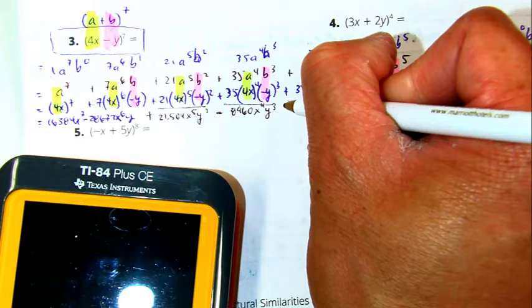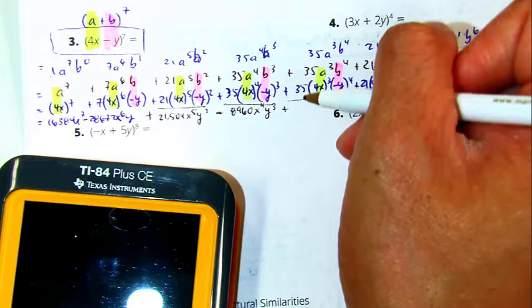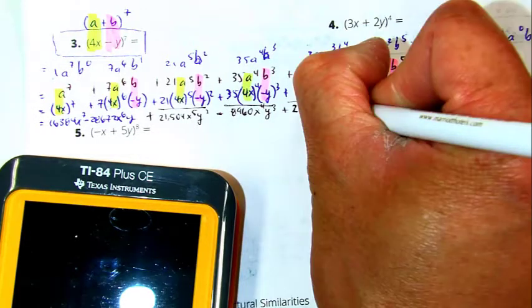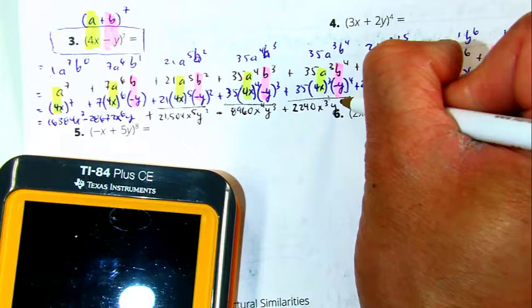Is that the fifth one? Yep. 2,240 x to the 3rd y to the 4th.